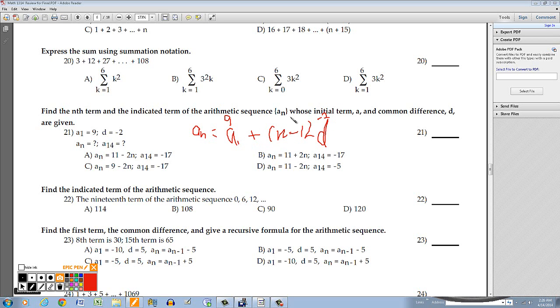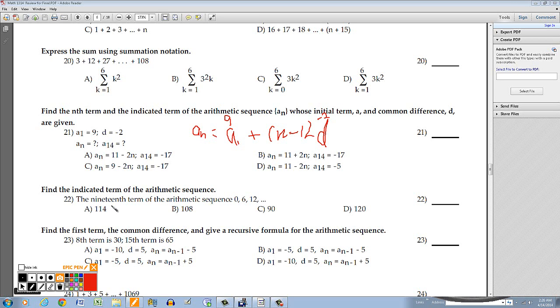Okay, so we're going to have -2 times n is -2n, and then -2 times a -1 is a +2, and a 9 is 11. Okay, so that would give me the formula a sub n is equal to 11 minus 2n, and the 14th term would be -17. Okay, there you have it.